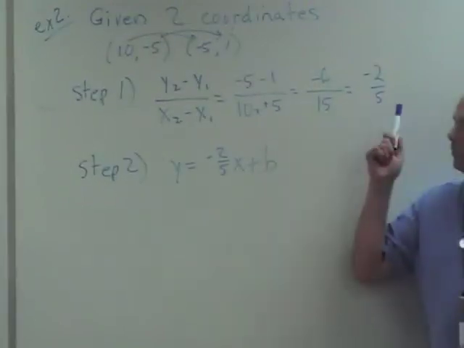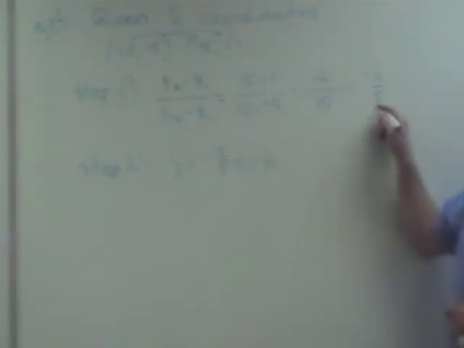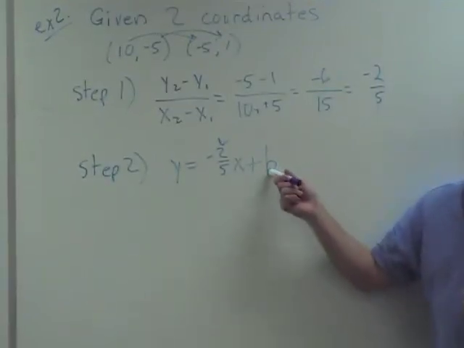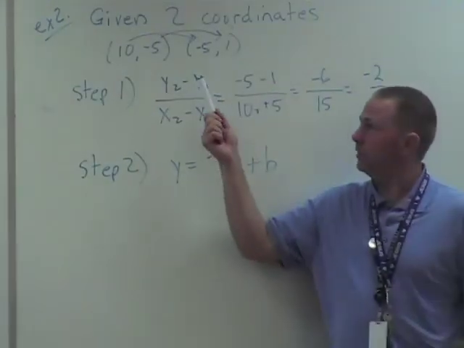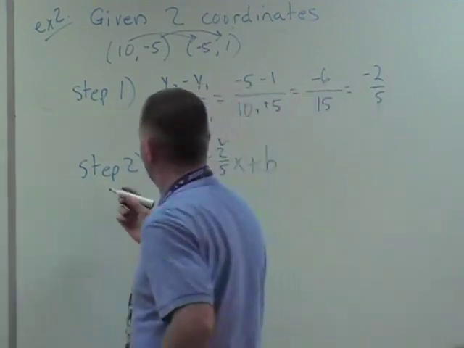So step 1, we found the slope. Step 2, we plug the slope in for m in y equals mx plus b. Step 3, we need to find b, but you can't find b unless you know x and y. And I'm going to do both of these to show you that you get the same answer.